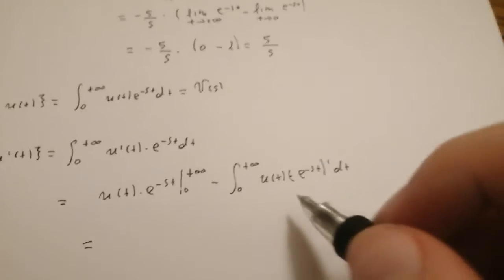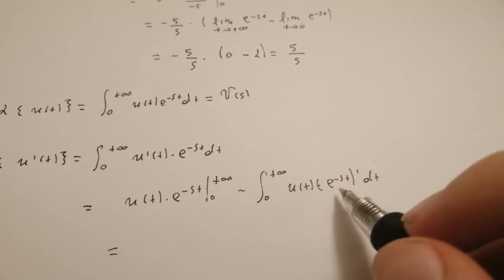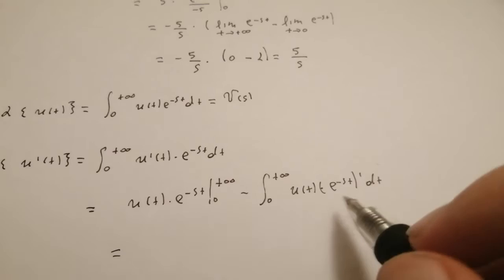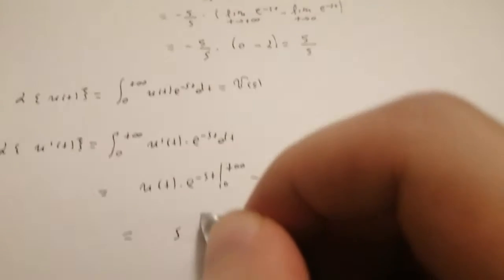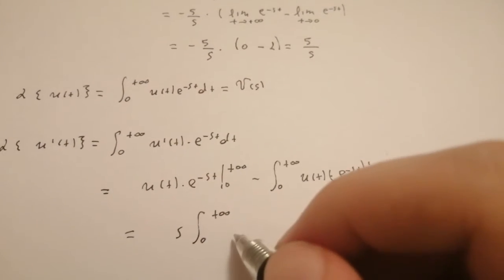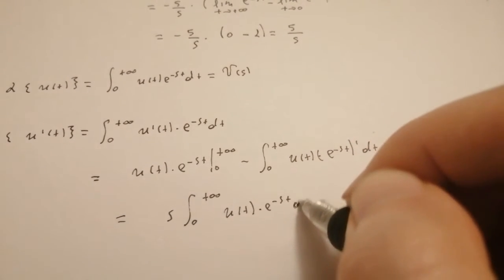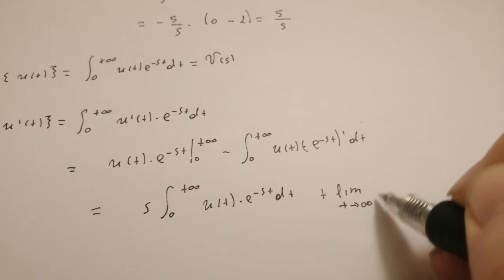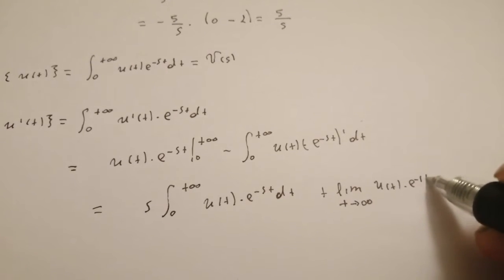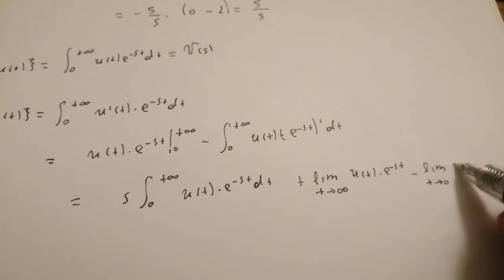Let's start from this integral term here. The derivative of e to the minus s t is minus s times the exponential. The minus s will go outside and change the sign, so it should be s times the integral from 0 to infinity of u of t times e to the minus s t dt, plus the limit of t going to infinity of u of t times e to the minus s t, minus the limit of t going to 0 of u of t e to the minus s t.